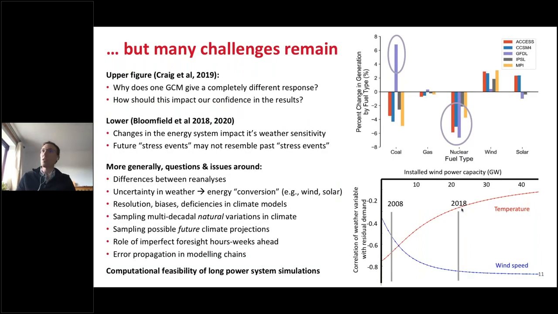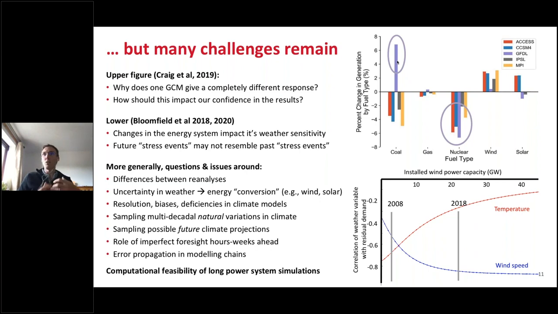But there are so many challenges that we haven't yet even begun to scratch the surface on. Picking again on this paper, which I do think is a very good paper, one of the highlights of that result was that for this particular region, they showed there'll be less call for nuclear power because all 5 GCMs agree. But when you actually look at the details, one of those GCMs is giving you a massive increase in coal use, whereas the other 4 are giving you a massive decrease.